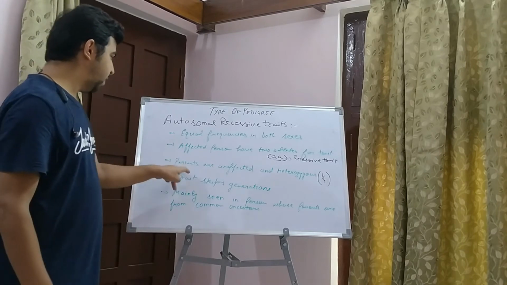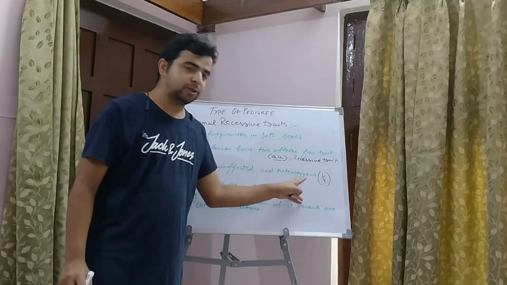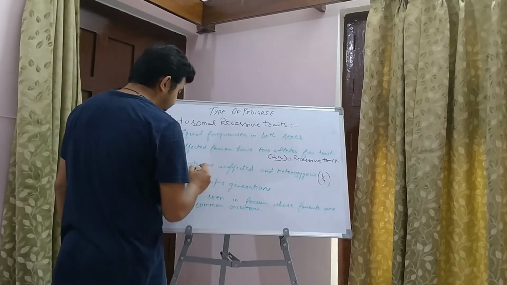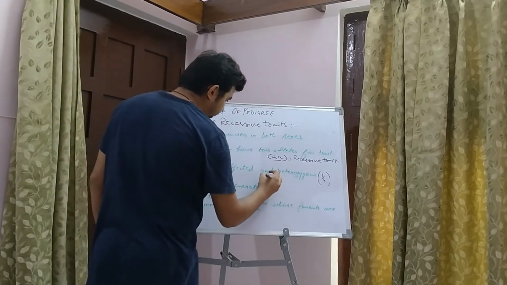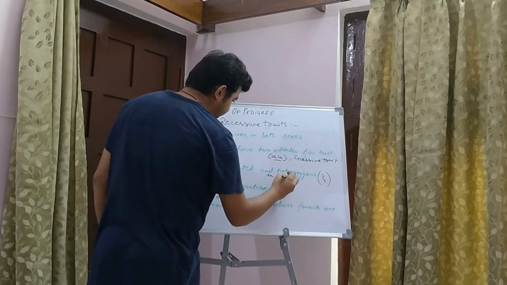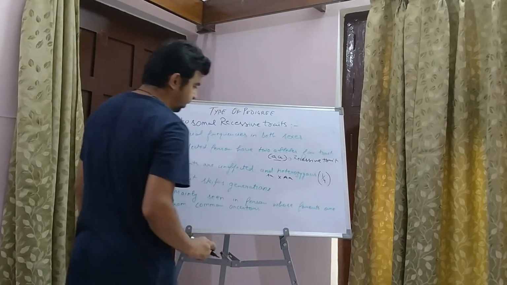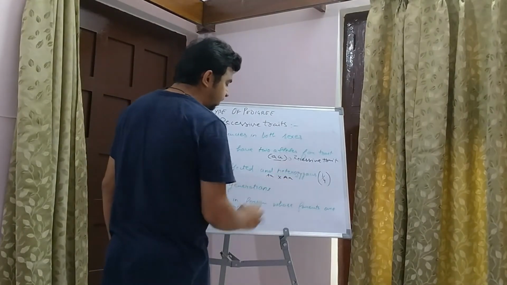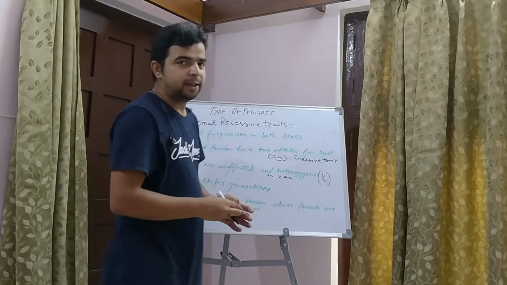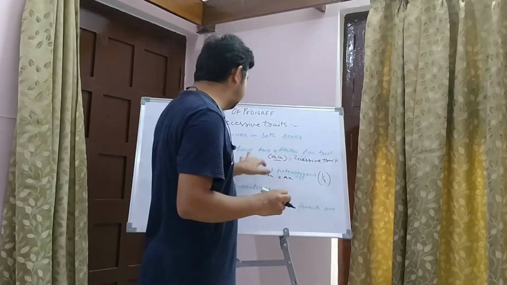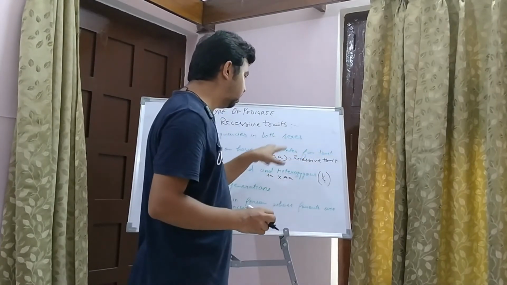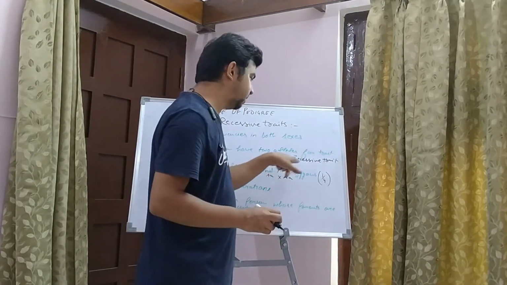Now the next point is parents are unaffected and heterozygous. So parents are unaffected, and they are heterozygous, that means the parents are capital A small a, capital A and small a. So this disease or trait will only be present in the person who has two alleles for the trait, that means both recessive alleles.